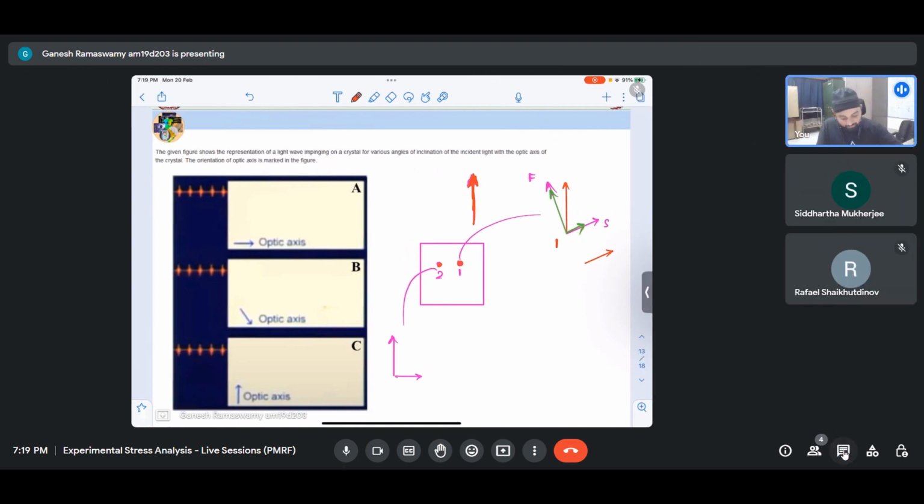Now, if it so happens that in this arrangement, my light totally passes through the fast axis as nothing passes through the slow axis, by virtue of that being parallel to it, and I were to place my analyzer like that, what I will see is a dark fringe at that point.